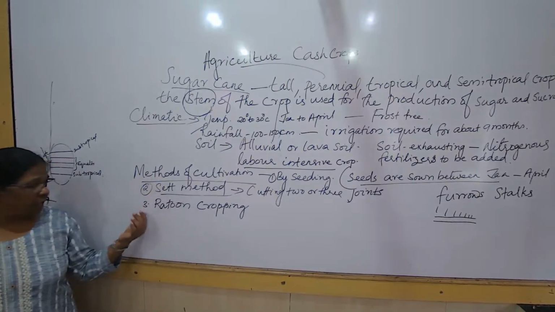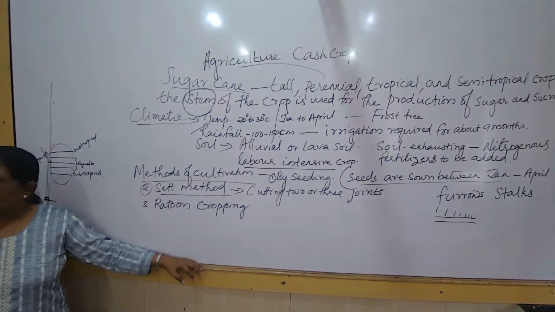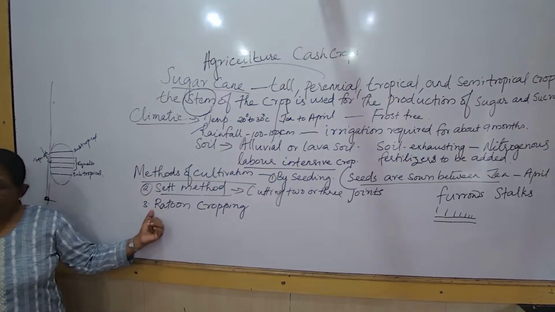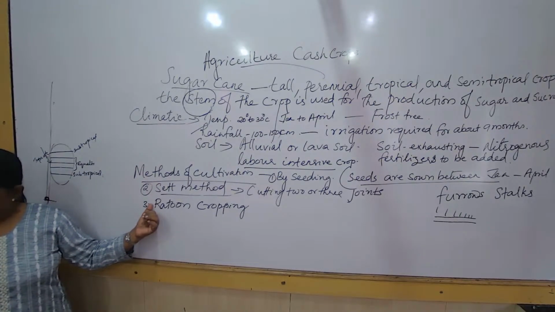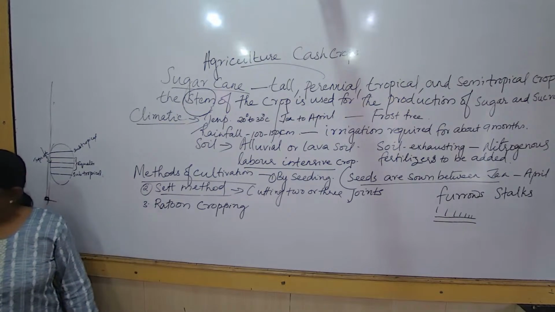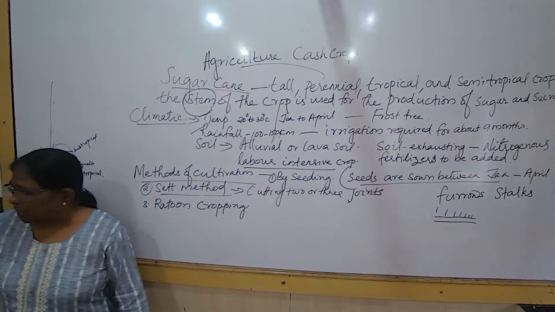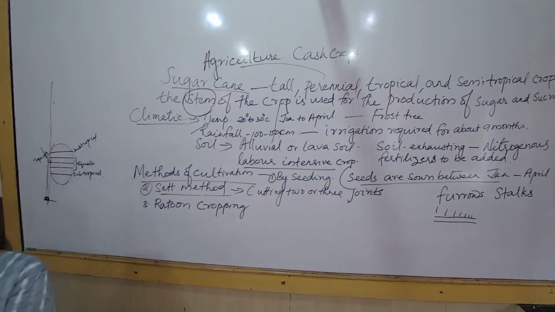That is why the ratoon method works for 3-4 seasons, not more years. Because any plant which continuously stays there will decrease its production. One year is almost one growing season of sugarcane.